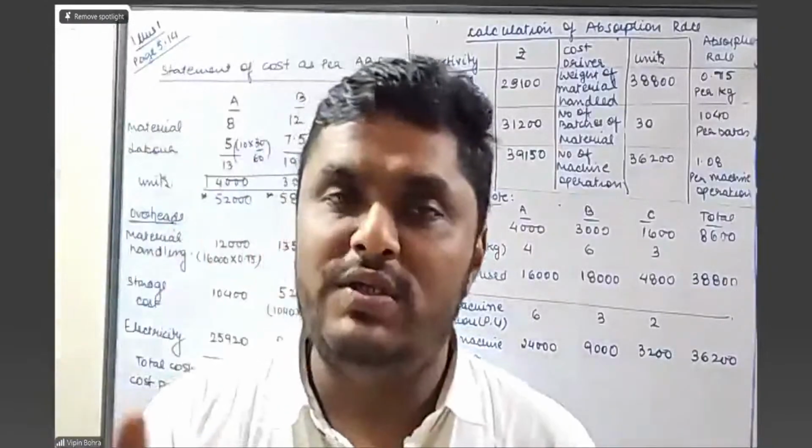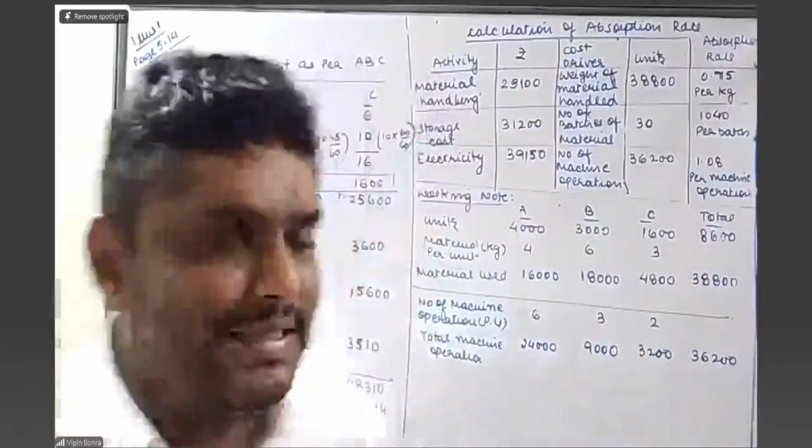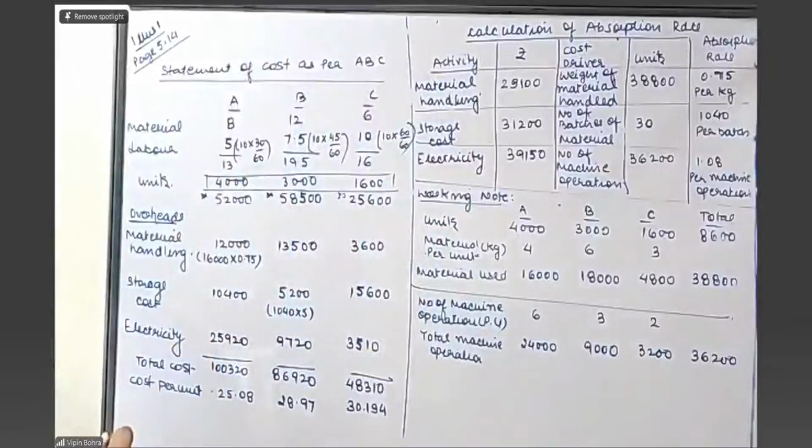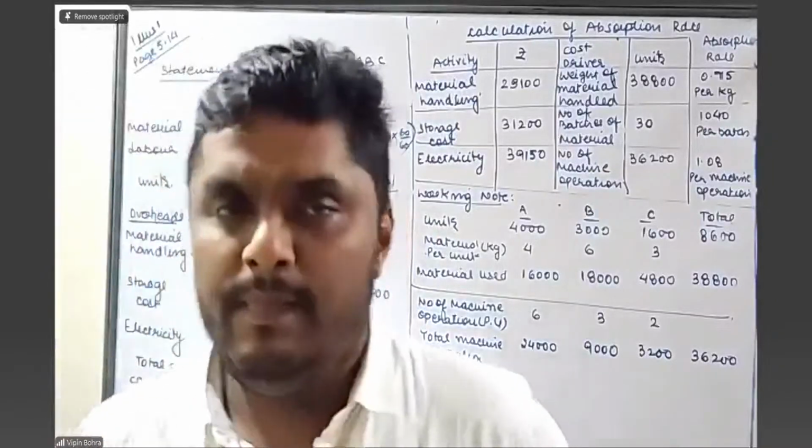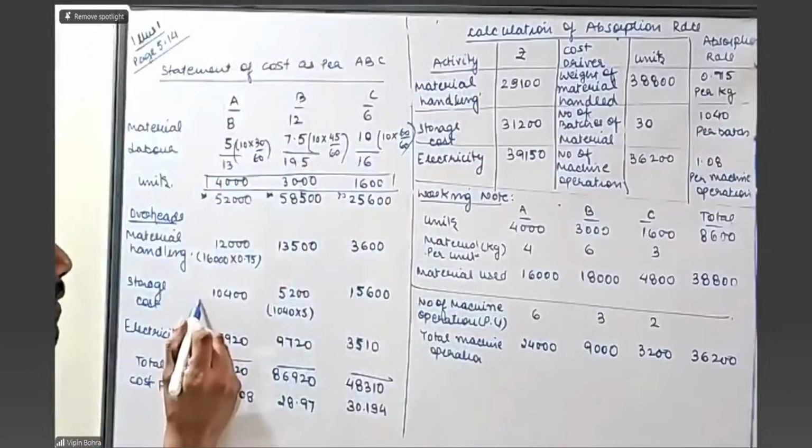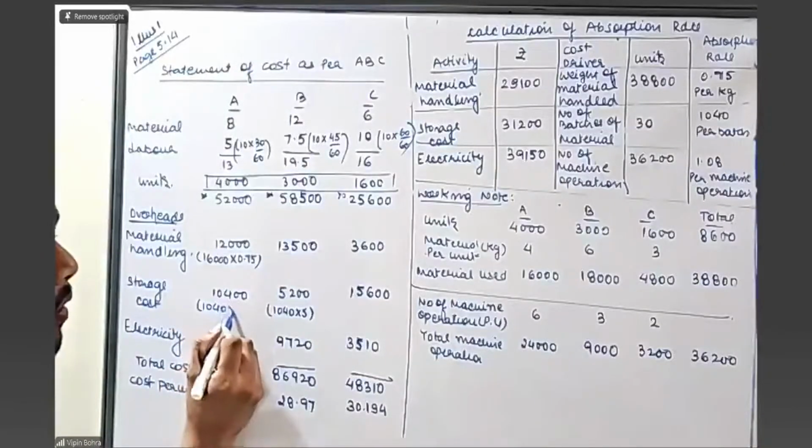So 1040 into 10. So this is how I got 10,400. Did you understand? Perfect.